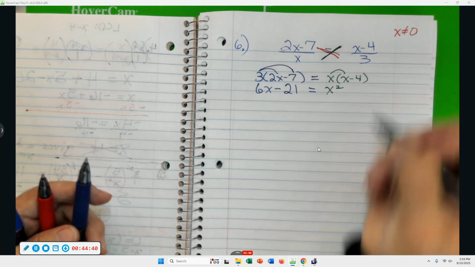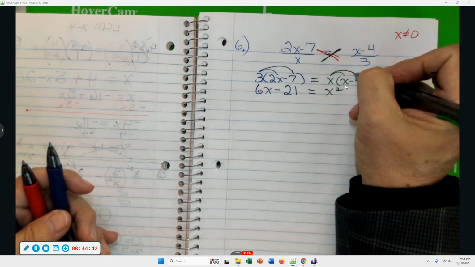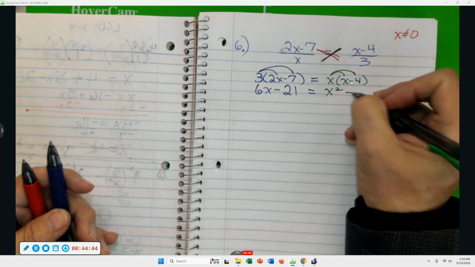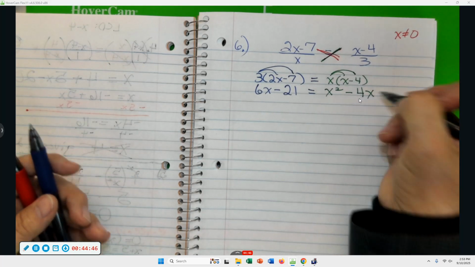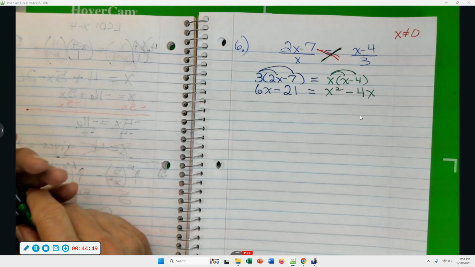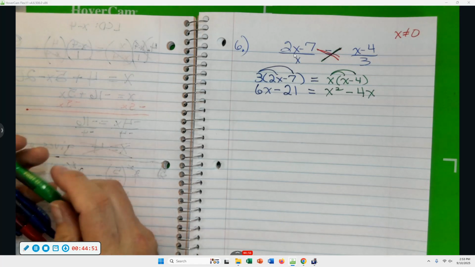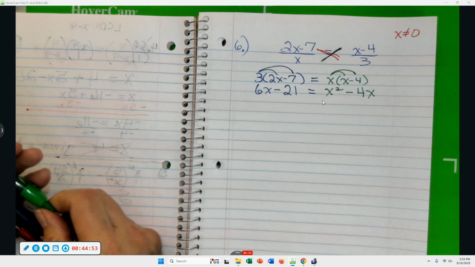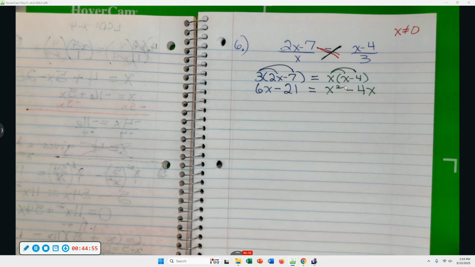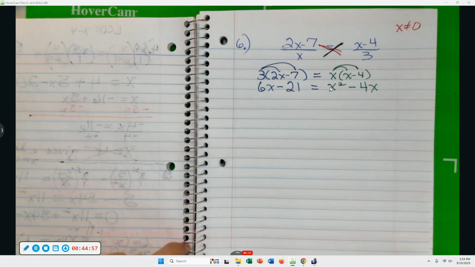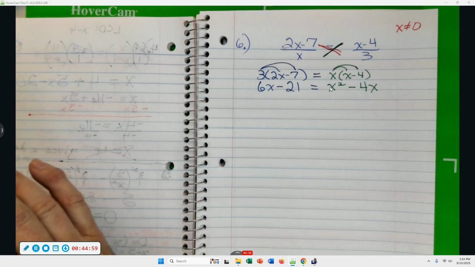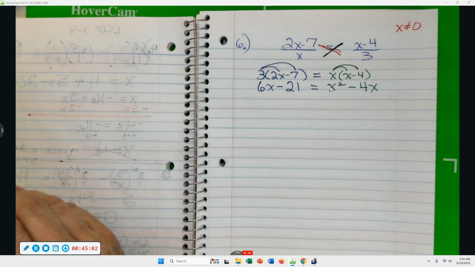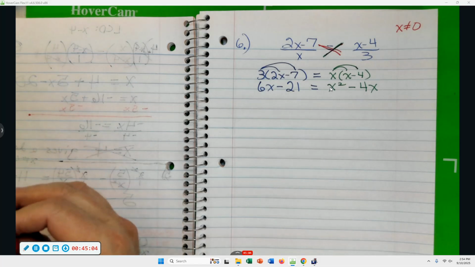Anything else? Minus 4x. Yes. It's quadratic. And the instructions don't say use the quadratic formula. Now, if we can't get it factored, if it takes us too long, then we'll use the quadratic formula. But the fact they don't say use the quadratic formula means it's factorable.